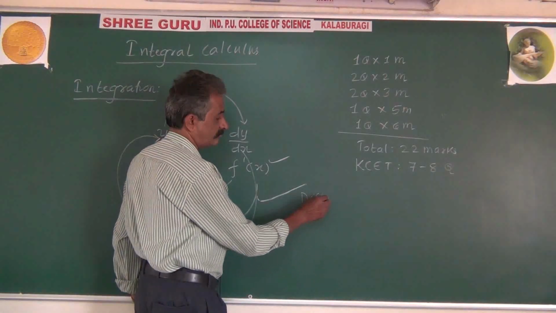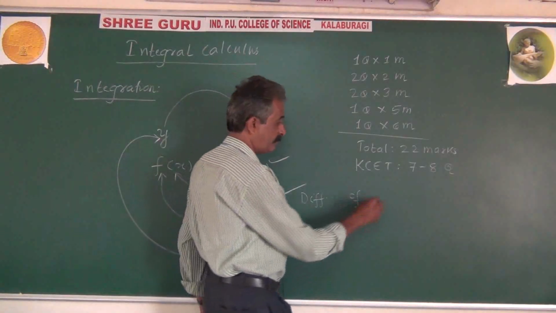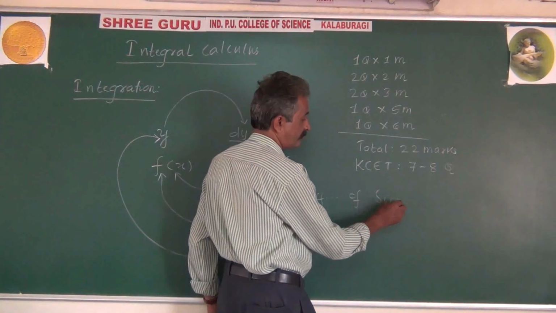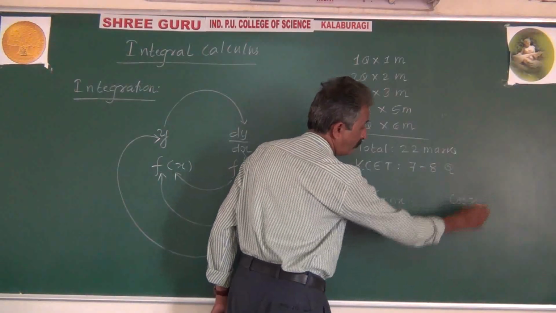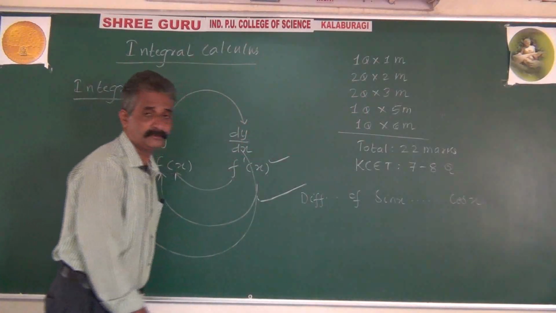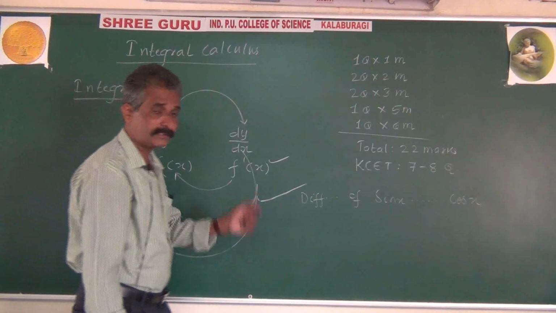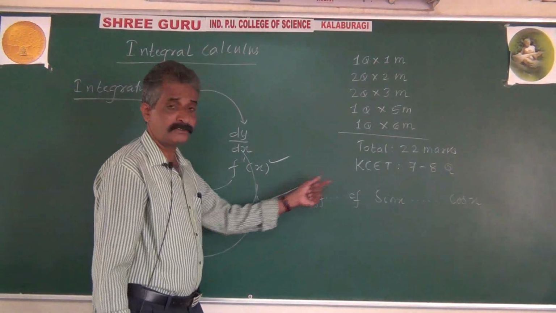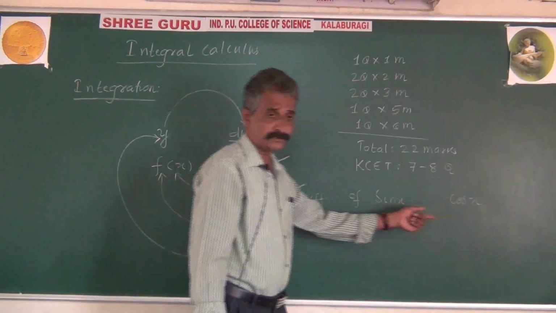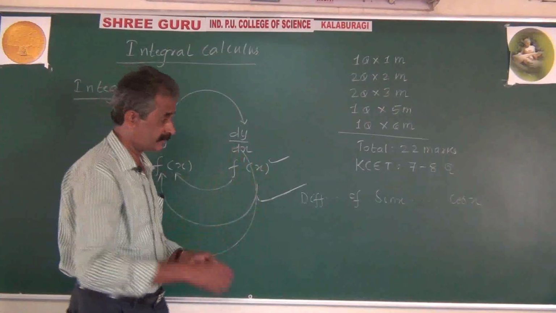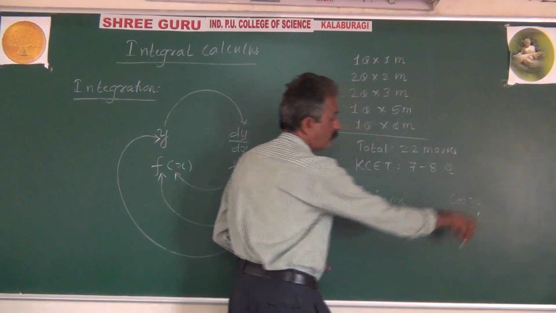For example, differentiation of sin x with respect to x is found as cos x. That was in the topic differentiation. Now reverse. This is y, this is y dash.